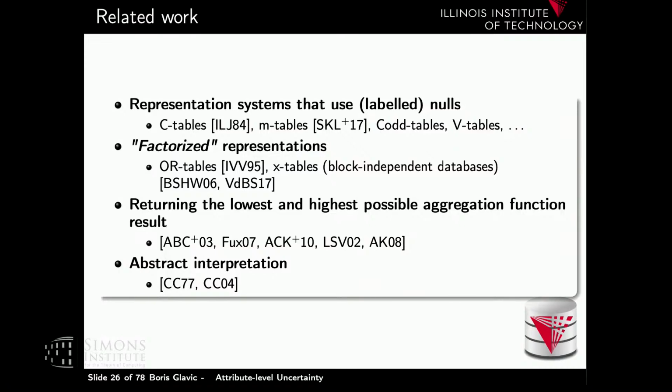And also related to a lot of extensions of certain answers to queries with aggregation, where also some people in the audience have worked on that, where instead of returning empty certain answers, you return the smallest possible aggregation value and the largest possible aggregation value. This is nice. However, the problem with that is now we have not a closed system anymore. I cannot take this aggregation result and join it with something else, for example. And also, this is related to a technique from programming languages. Let me just mention this, called abstract interpretation, where you do sound over-approximations of fixed point computations.